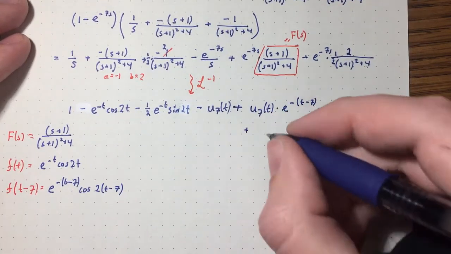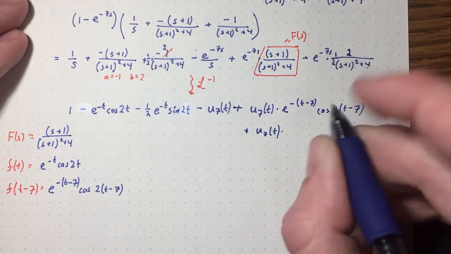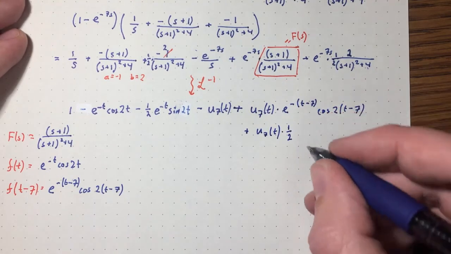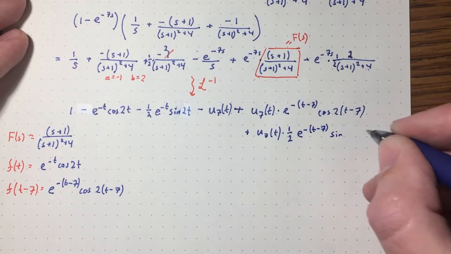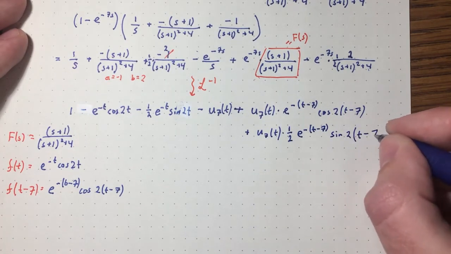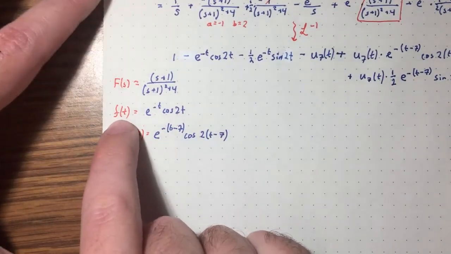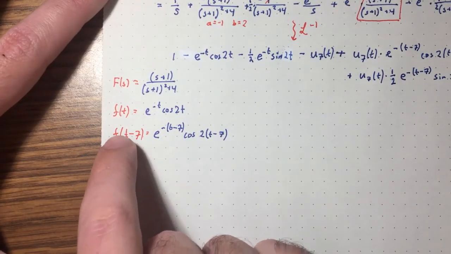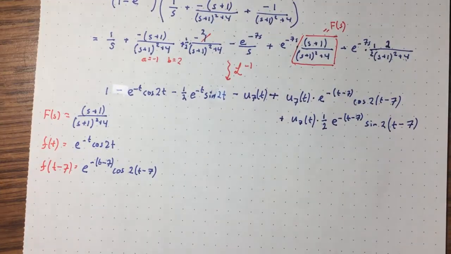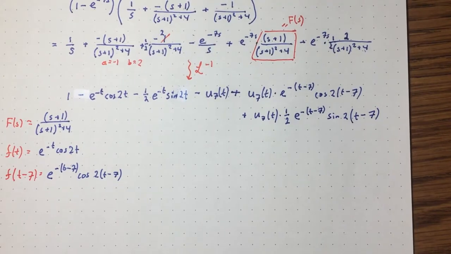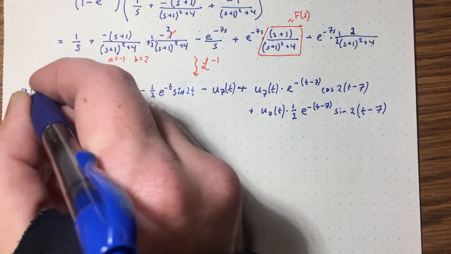So I need a plus U7 of t. I have that 1/2 also, times 1/2 of e to the minus t minus 7 times sine of 2 times t minus 7. Right, because this thing right here is my little f of t, but my formula tells me I need f of t minus c. So I need to replace the t's with t minus 7. Okay, all right, so this right here is q of t.